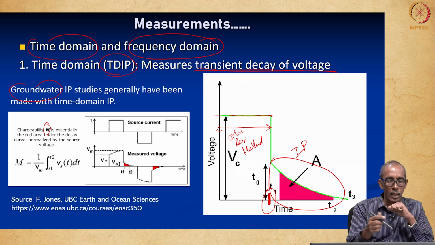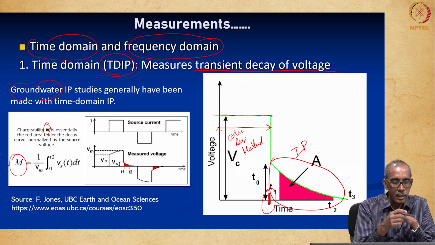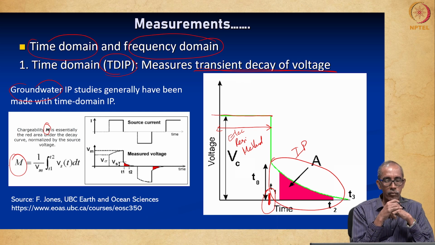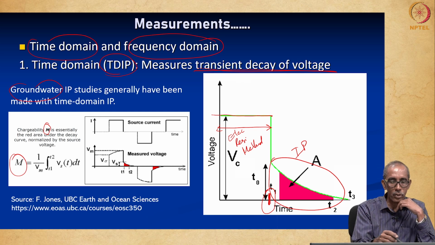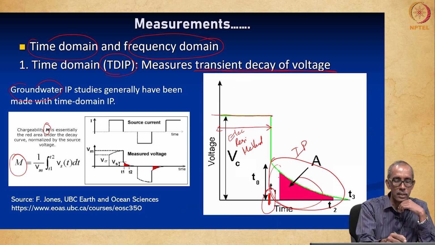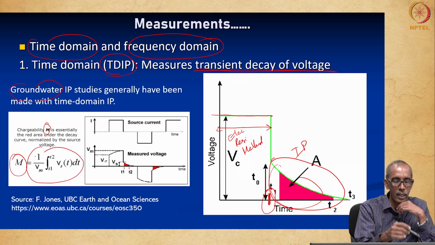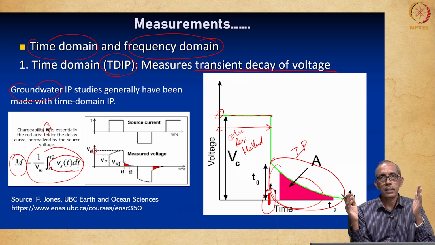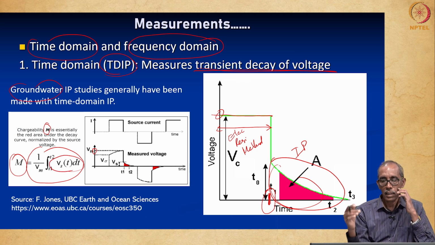It is referred to as capital letter M, which is essentially we try to estimate the area marked in red color here, right, which is given by this equation where chargeability is equivalent to 1 by Vm, that is the maximum which we are measuring, integrated over this one, which means we are trying to understand how much is the area.